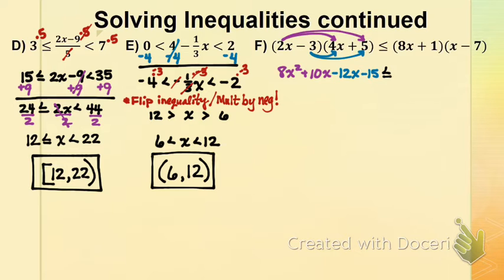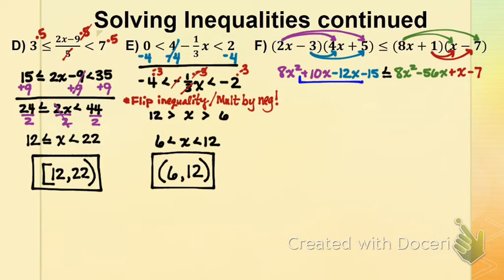Less than or equal to, we're going to use some double distribution over here as well. I have 8x that gets distributed, and I have the 1 that gets distributed. So I end up with 8x squared minus 56x plus x minus 7.